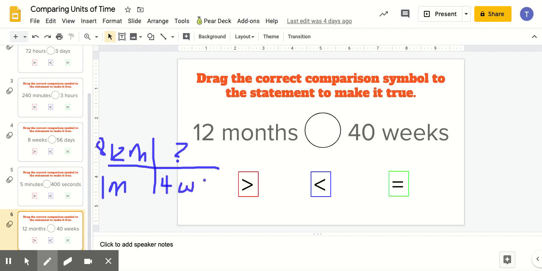Okay, so now, just like we've been doing, they are across from each other. Your 12 and your 4 are across from each other. So we're going to multiply 12 times 4. 4 times 2 is 8. 4 times 1 is 4, so 12 months is 48 weeks.